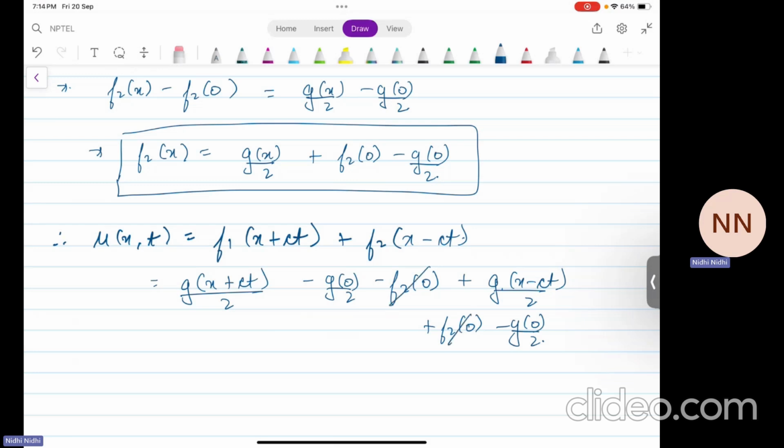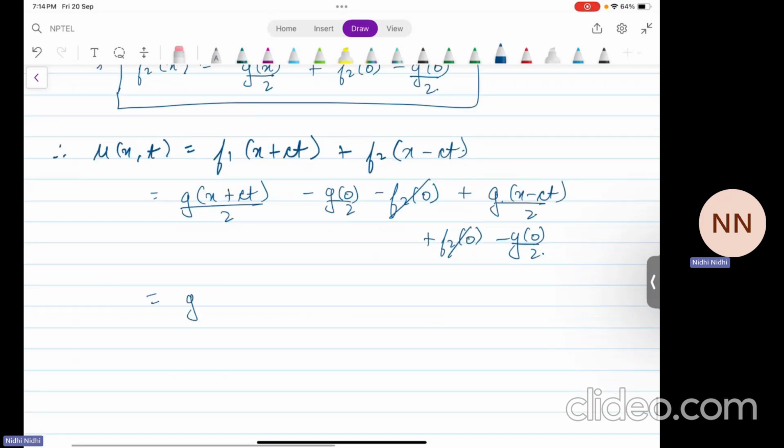Now this gets cancelled out. We are left with [g(x plus ct) plus g(x minus ct)]/2.